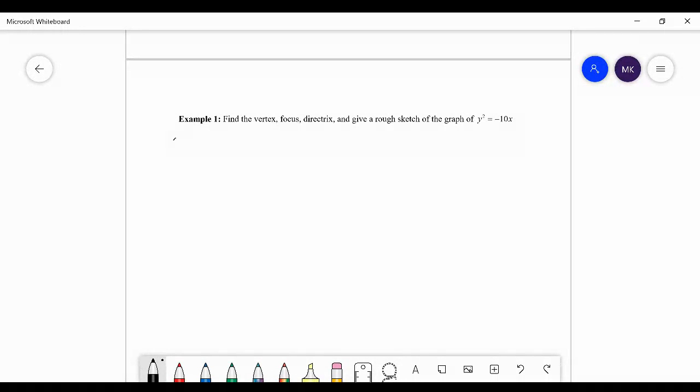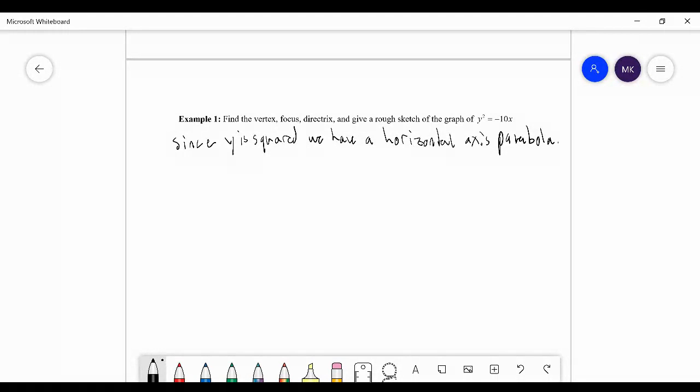I'll write that out so we have it in our notes. Since y is squared, we have a horizontal axis parabola.